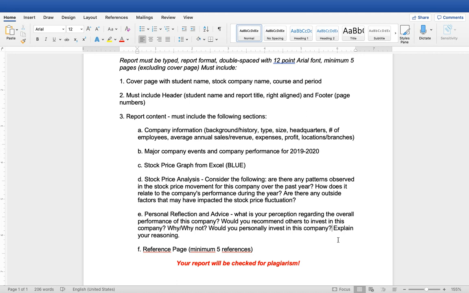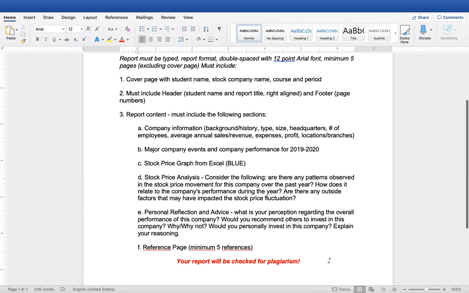These are big corporations you're tracking the stock for. You can go on their websites. There's plenty of other places. Do not use Wikipedia. Okay. Remember, you're getting ready for college. Your professors are not going to accept certain types of sources. So let's practice applying those best practices, minimum 5 references.